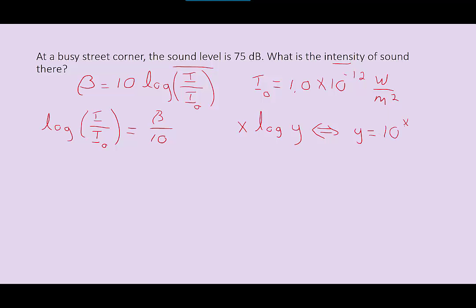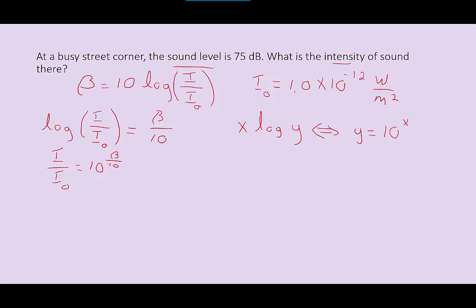Okay, so I can take this log I over I naught equals beta over 10 and rearrange it using this equivalency and end up with I over I naught equaling 10 to the beta over 10.